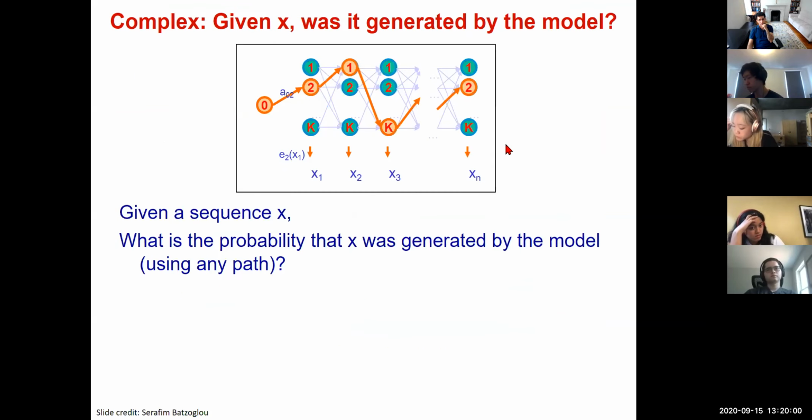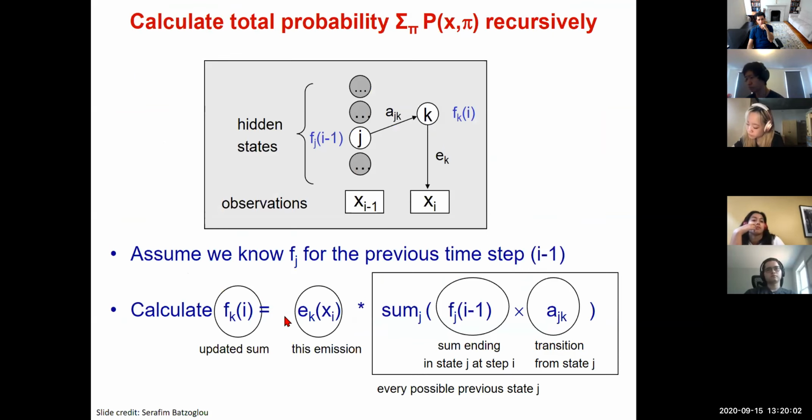Okay? So to do that, we basically replaced the Viterbi variable with the forward variable. And the forward variable, instead of recursively computing the maximum by choosing the maximum over all previous maxima, now recursively computes the sum by summing over all previous sums.